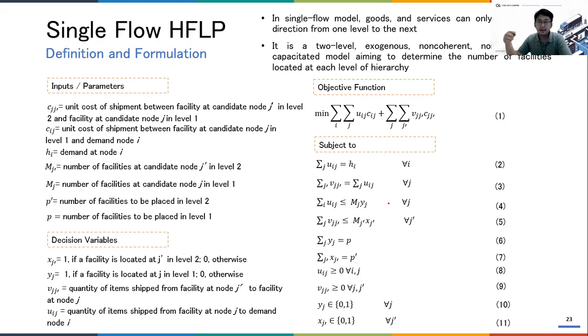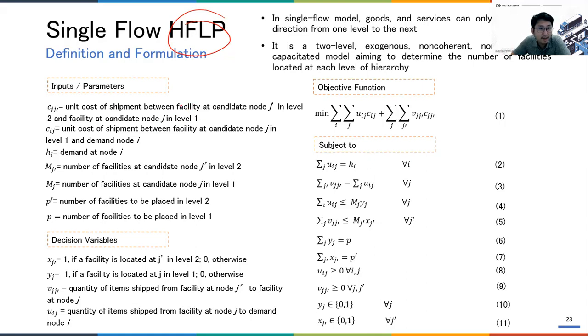Okay. So now let's discuss the single flow hierarchical facility location problem. Previously, we already know that there are several levels of facility like local clinic, medical center, and hospital. For this one, we consider 2 levels, level 1 and level 2.